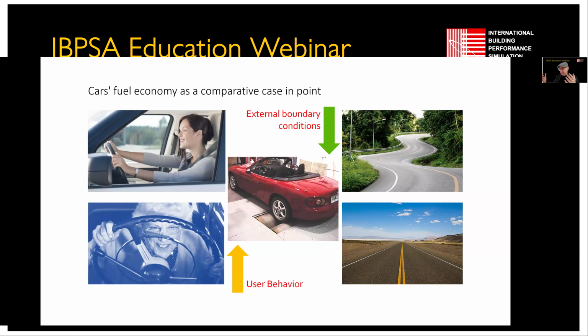You can imagine that those factors, how long, by whom, and in which conditions a car is driven, make a lot of difference in the actual energy use.